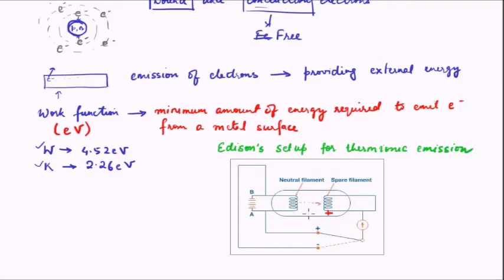Okay, and that led to completion of the circuit, and the galvanometer showed reading movement, which means there was current flowing through the circuit.